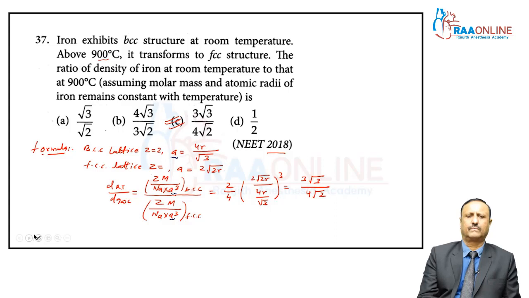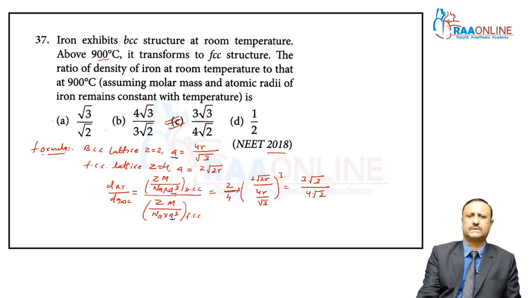So we take 4 here, because after the solution we have 2 upon 4, here 2 is the Z for BCC upon 4, and A cube and A cube, you put (2 root 2 R) cube for FCC and (4R upon root 3) cube for BCC, and by solving these you get 3 root 3 upon 4 into root 2.